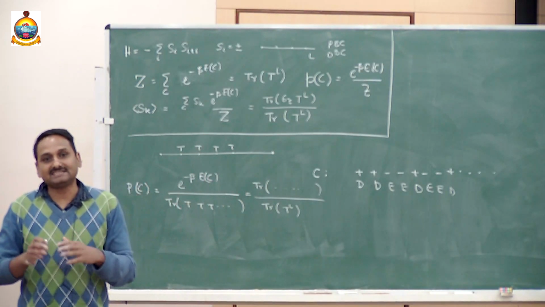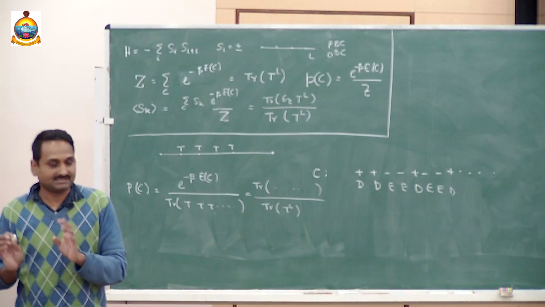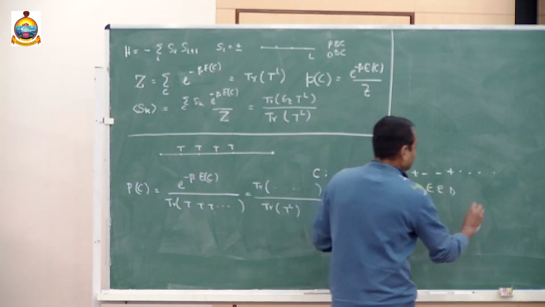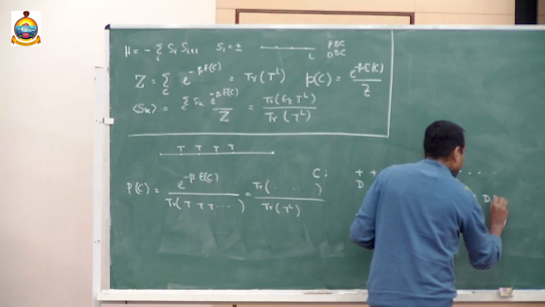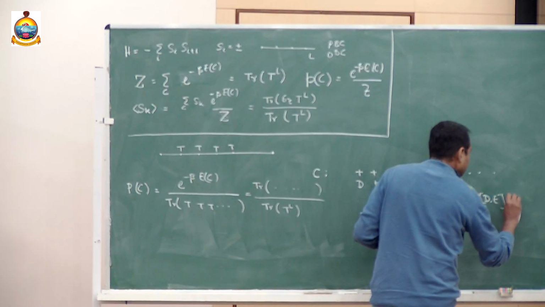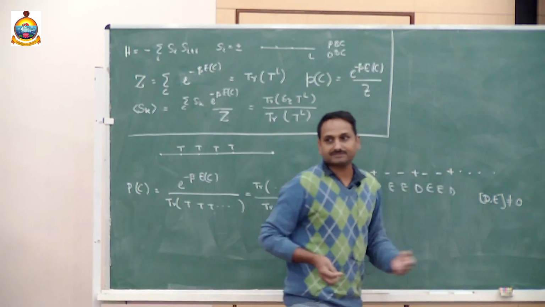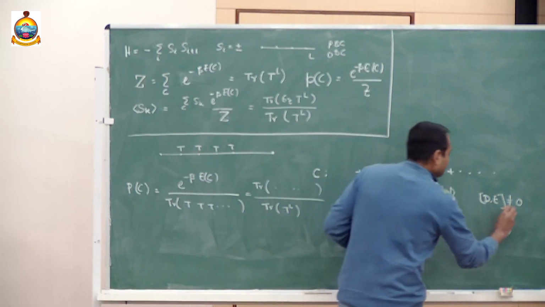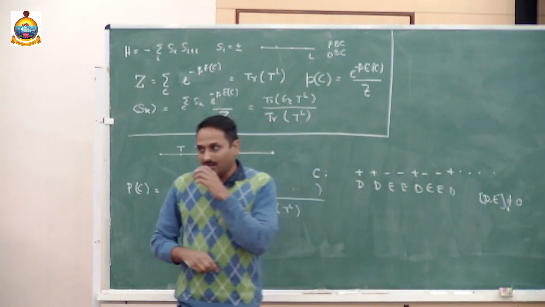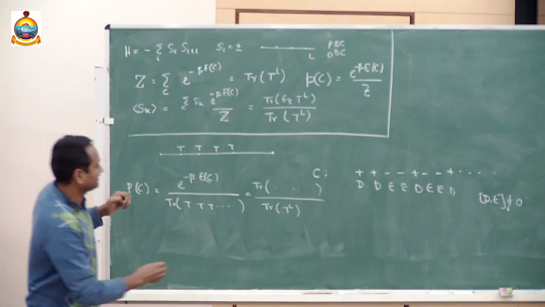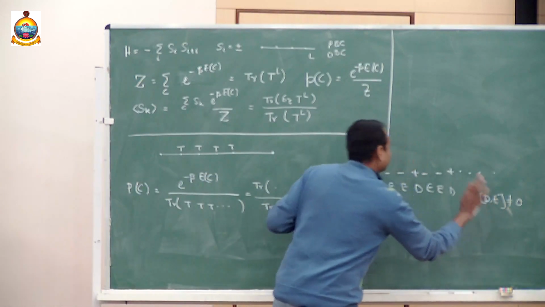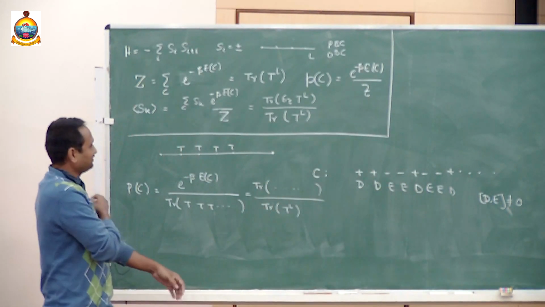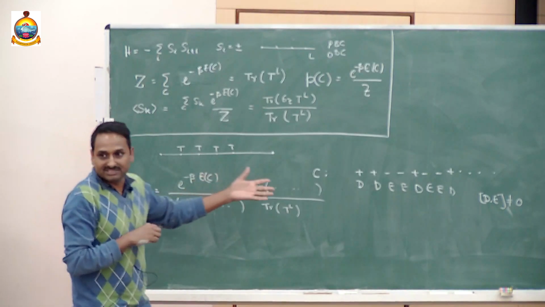So the minimum requirement is that D and E must be non-commuting matrices. The commutation of D and E has to be non-zero, so DE minus ED is not equal to 0. That's the only thing you want.